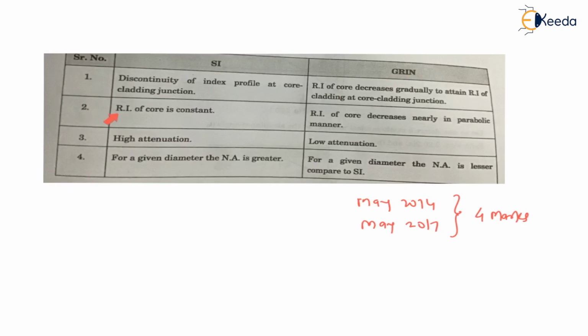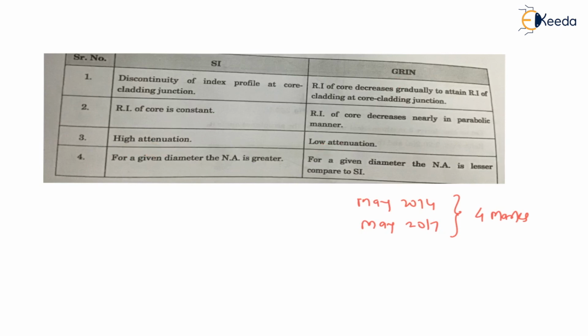The second one: the refractive index of core is constant in step index fiber, but in case of graded index fiber, the refractive index of core medium decreases nearly in a parabolic manner. Third, in step index fiber, the attenuation value is a little bit higher as compared to graded index fiber.